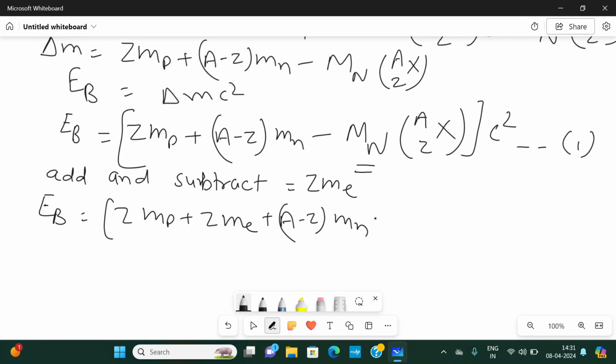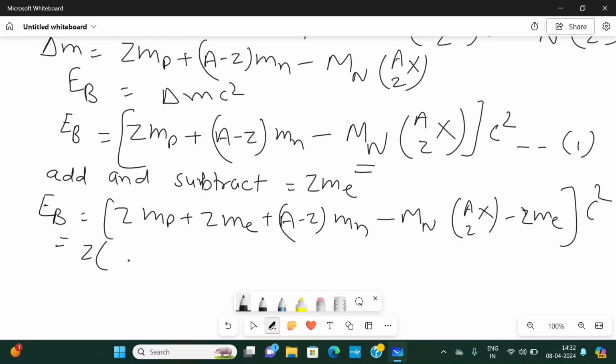Here we have added the mass of Z electrons. Now we will subtract the mass of Z electrons, Z times me, into c square.